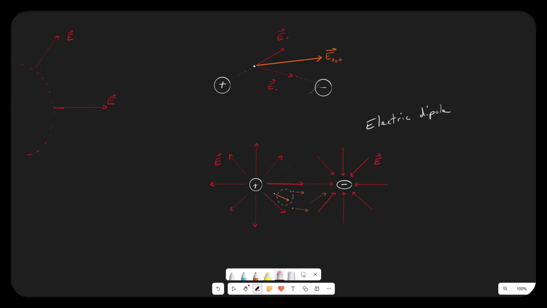If I then, instead of looking at individual points, just kind of want to draw the overall trend, what I'm going to get is fields that more or less look like this.